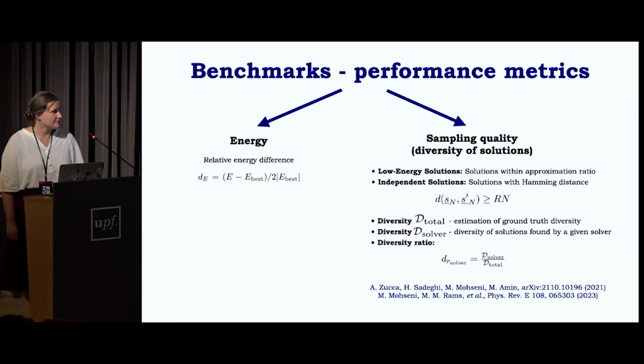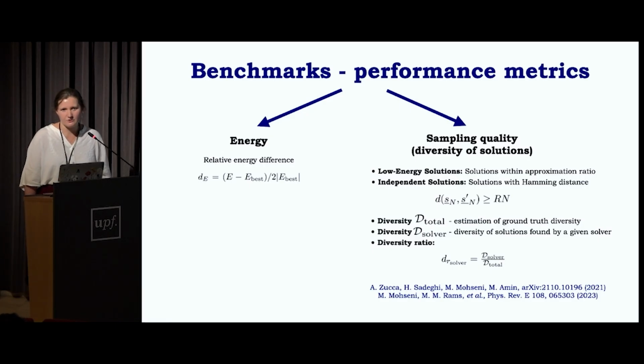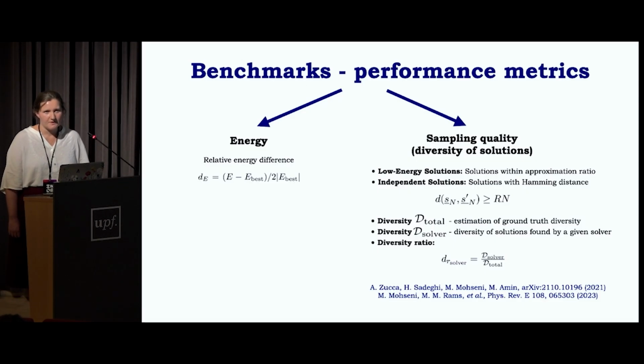What independence means in this context: we call two solutions independent if their Hamming distance is greater than r times n, where n is the system size and r is the distance threshold. So in other words, let's say a diversity of solutions equal to 10 means that in the set of states, all states with energies within the given approximation ratio, we have found 10 such states that every state in this set is far from every other state in this set by more than r times n.